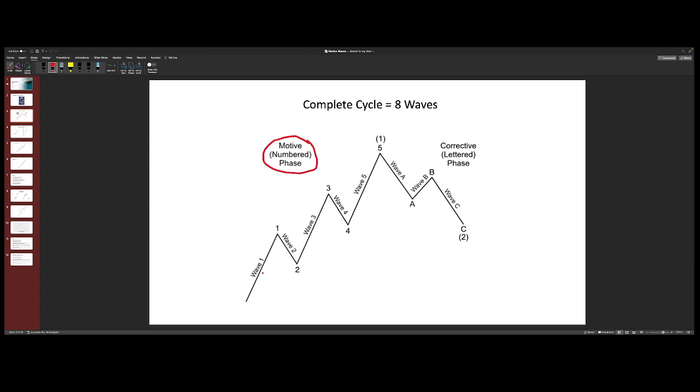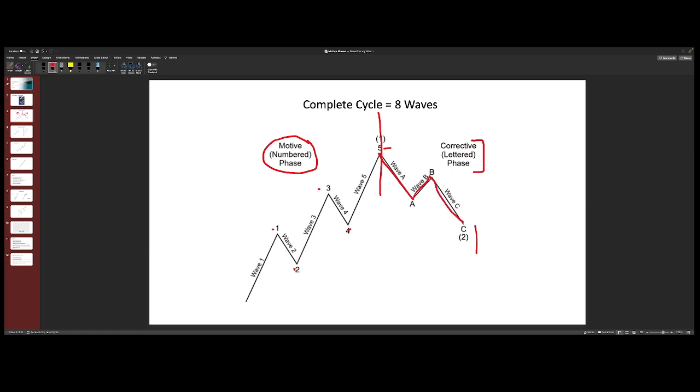It includes 5 waves up: 1, 2, 3, 4, 5, completing the motive phase. And then after the motive phase, you have the corrective phase, which includes a 3-wave movement, labeled as A, B, C.